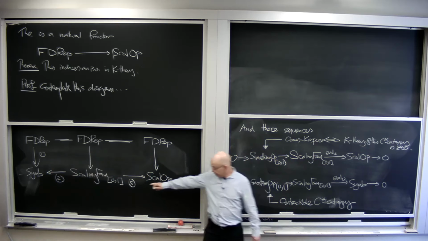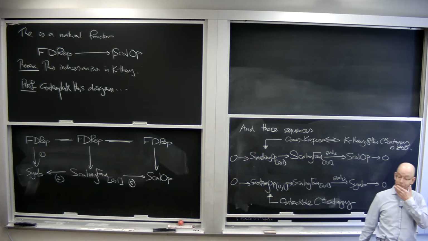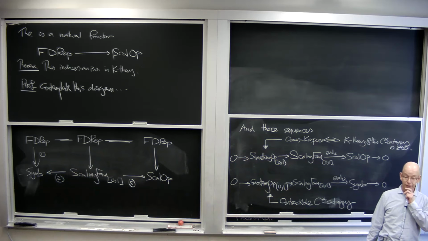So indeed, both of the maps 2 and 3, the functors 2 and 3 at the level of K-theory are isomorphisms, if you believe in the Kohn-Kasparov isomorphism.